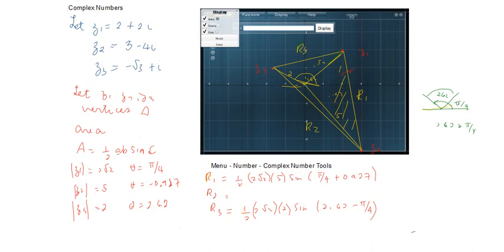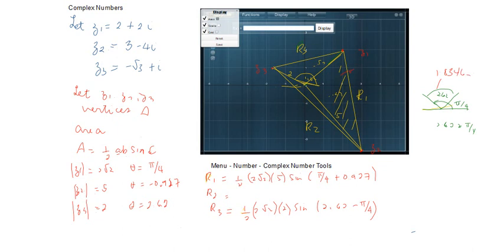Let's just calculate that. 2.62 minus pi over 4 is 1.8346, and so on.